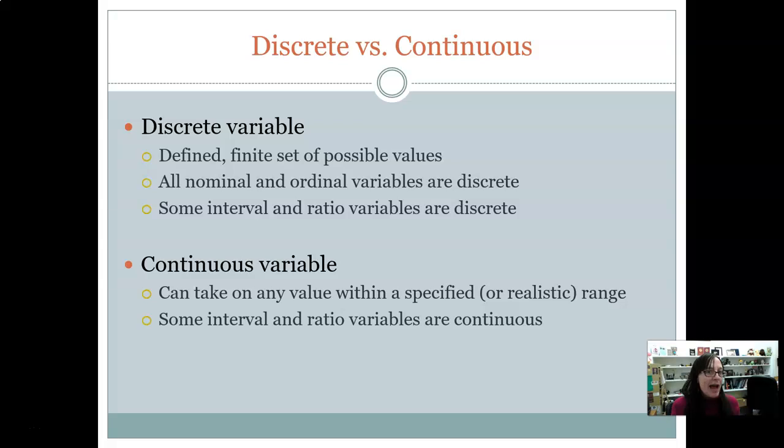You can go right down to the seconds or milliseconds if you want to. So technically you can have a value anywhere within that. If you're just asking somebody how old they are and they type in their response, that's a continuous variable, because they could say they're 12 and a half or whatever. And that's a valid measure of your variable.